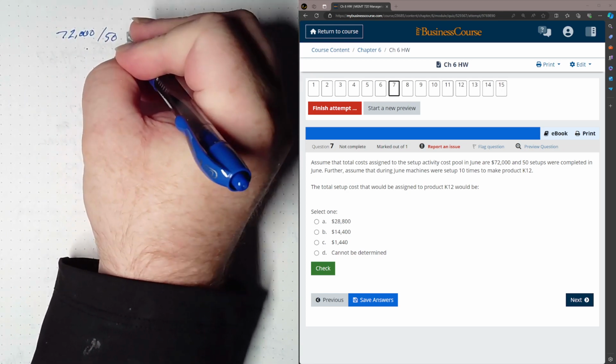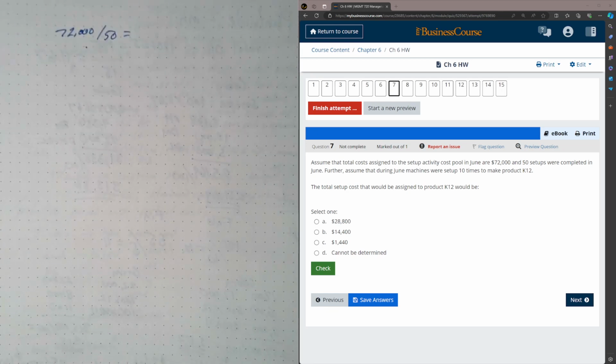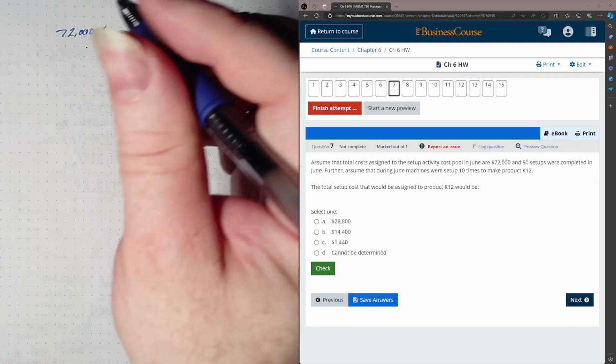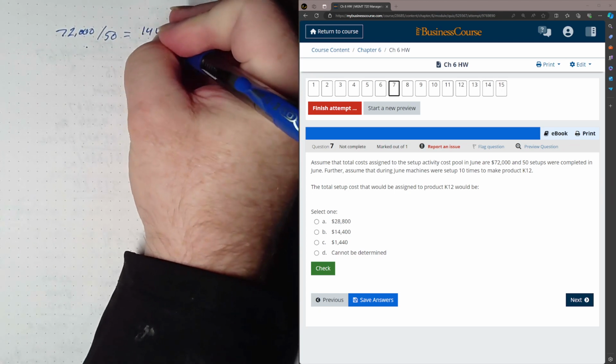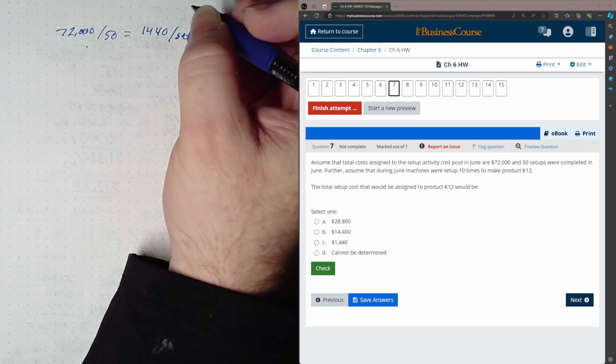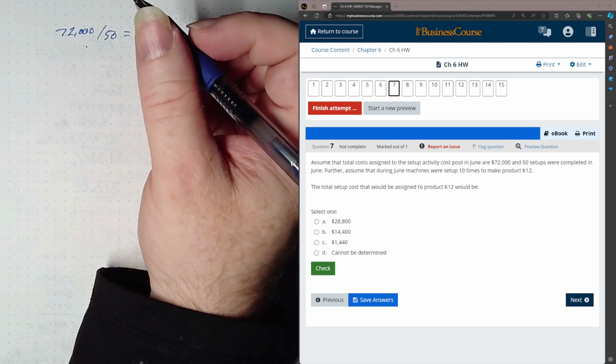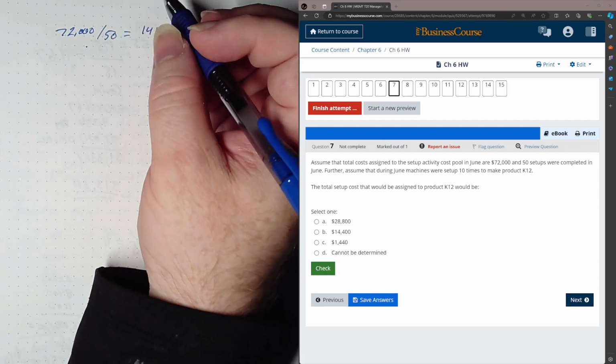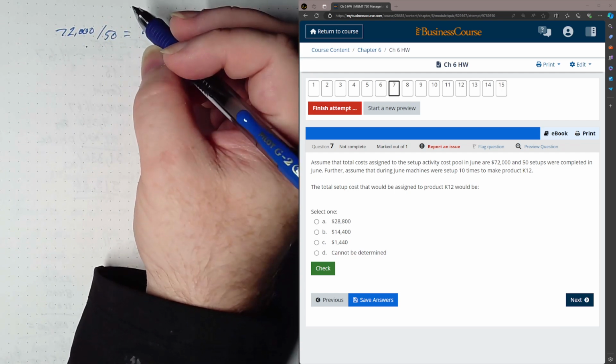The fact that we have 72,000 divided by 50 setups. So how much is it per setup? It's going to be 72,000 divided by 50 setups. It is $1,440 per setup. And assuming that during June machines were set up 10 times to make product K12, what is the total setup cost?